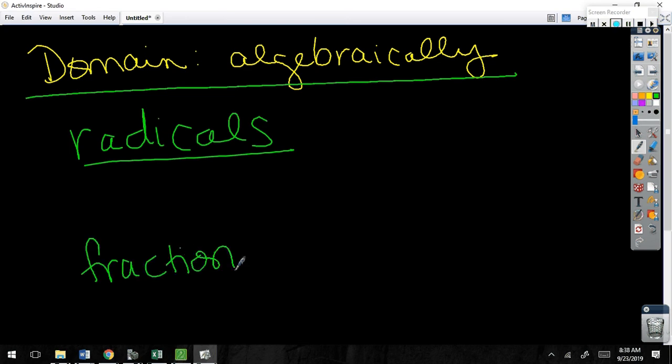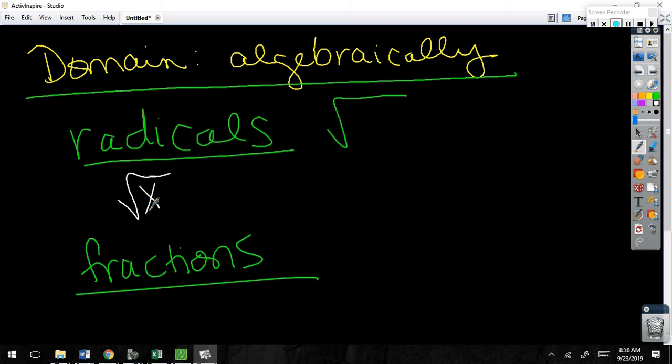But for right now, we're looking at radicals and fractions, when x is restricted or when there's things that can't happen. So think about radicals for a second. What can you never have with a radical? A negative, right? So if I have something like the square root of x, whatever's under here can't be negative, right?